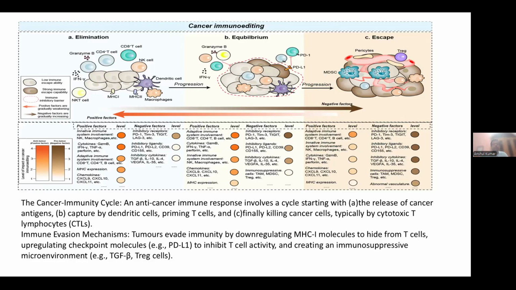So we can say in brief that as long as the cells are recognized as foreign pathogens or abnormal cells, the immune system works efficiently to eliminate all these tumorigenic cells.